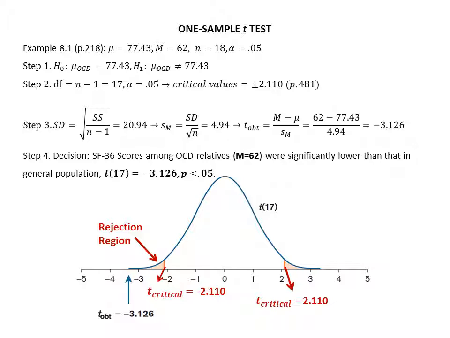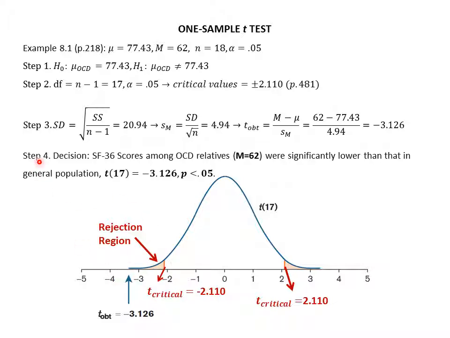We have the 18 scores, so using the 18 scores, we get the mean and the sum of squares, and then calculate the standard deviation of the sample, and use the standard deviation to estimate the standard error of the mean, and then use this to get the t statistic, the obtained t value, which is minus 3.126. And we know this value falls into the left rejection region.